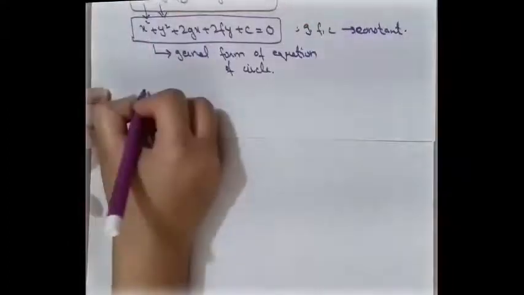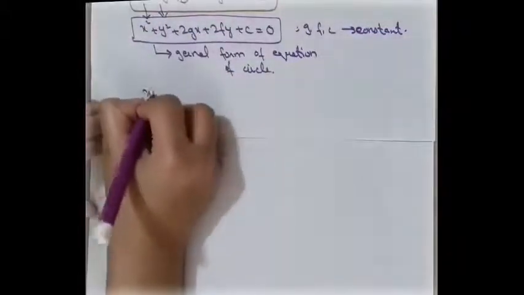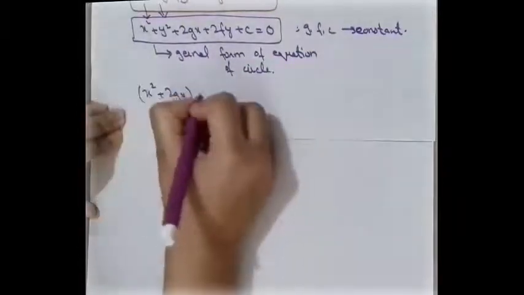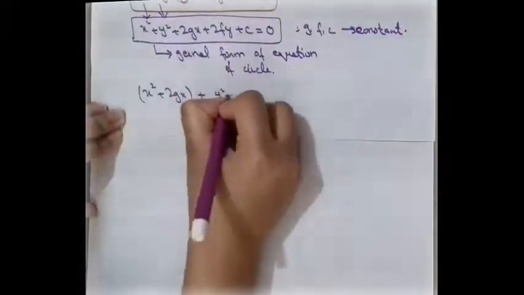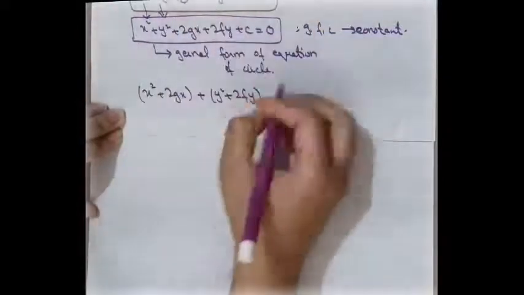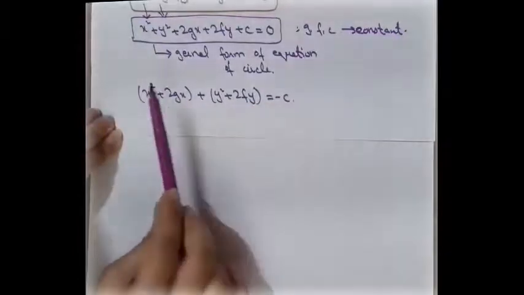For this, we group the terms which involve x, meaning x square plus 2gx, and separately y square plus 2fy, and take the constant term to the other side, so it will be -c. Now we make this a complete square.